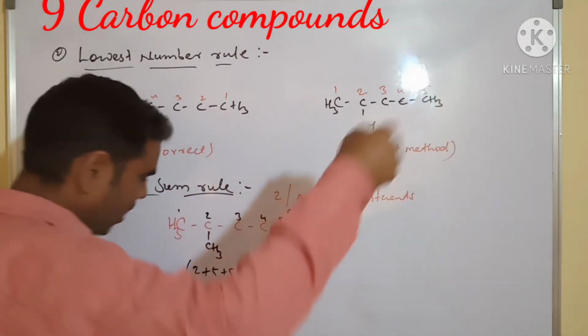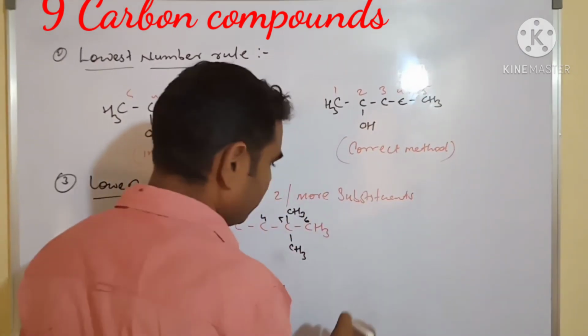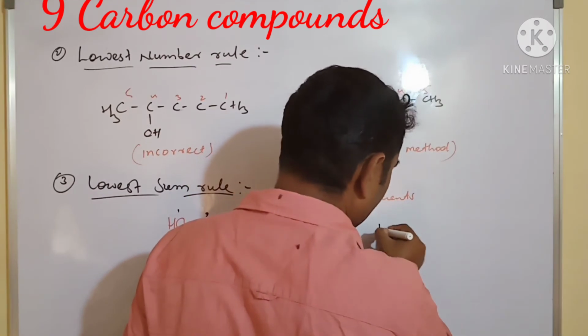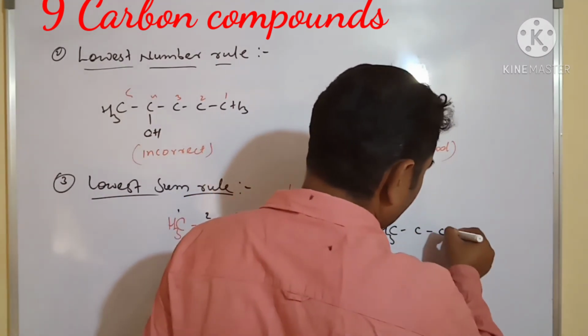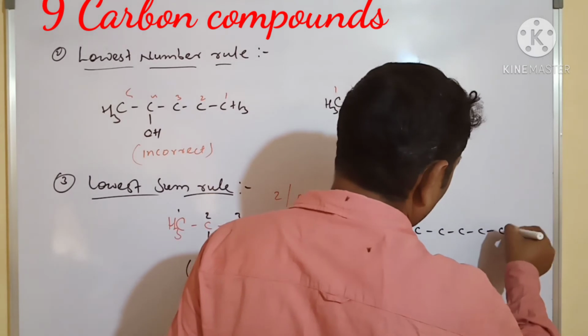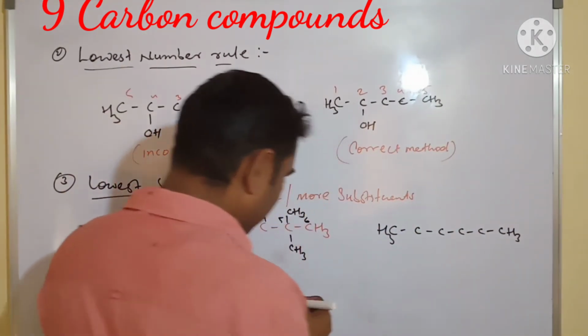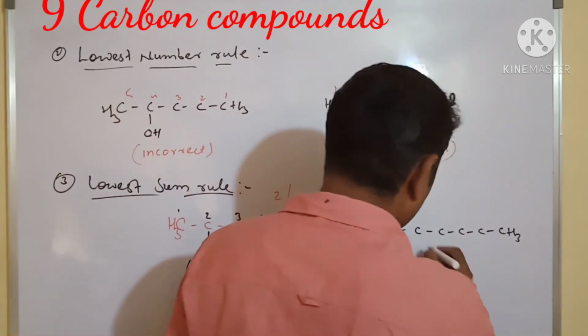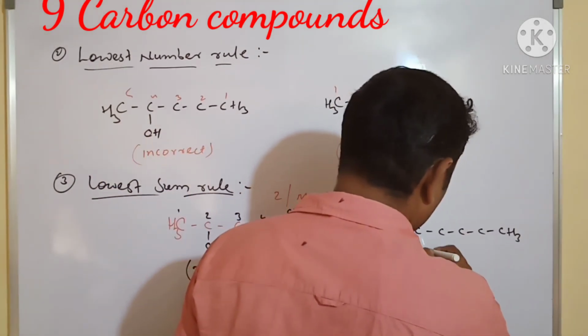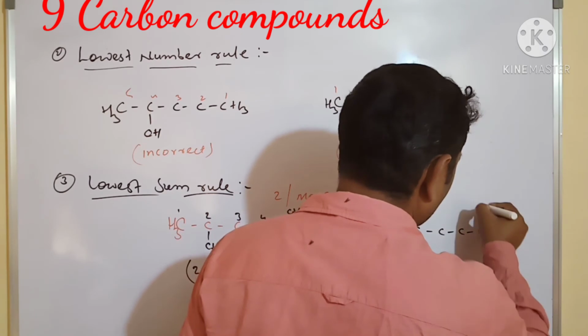Let us take one more example, the same one. CH3, C and CH3. Here one methyl group is there, and here 2 methyl groups.